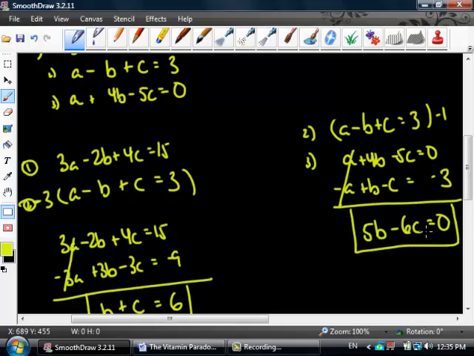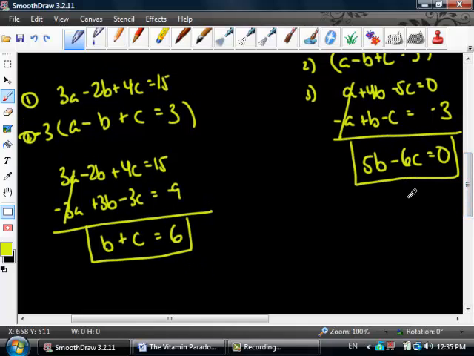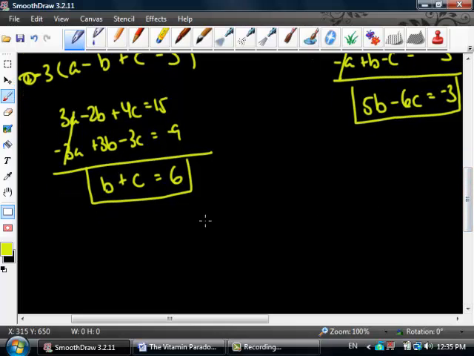How am I doing? Am I right so far? I feel like I'm off a little bit. Okay, so now, yeah, Joshua. Okay, b plus c equals 6. 5b minus 6c equals negative 3.